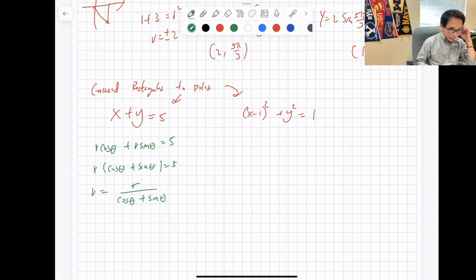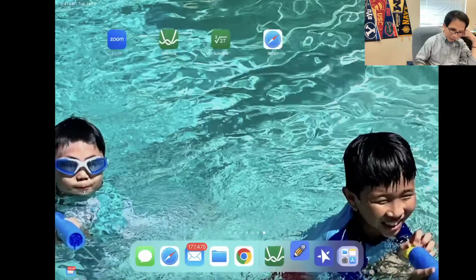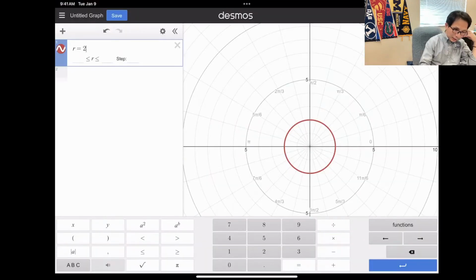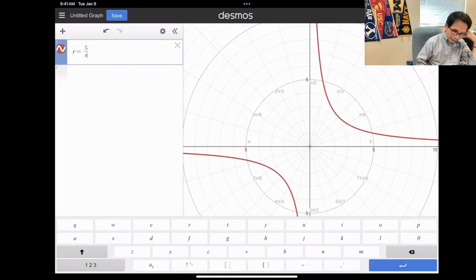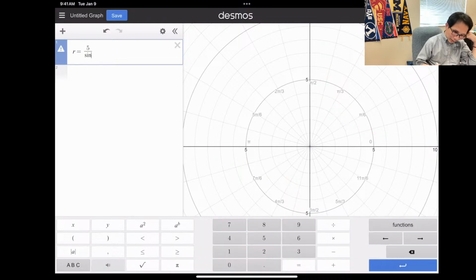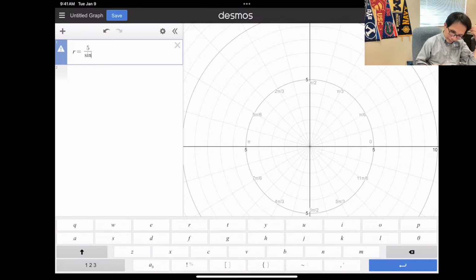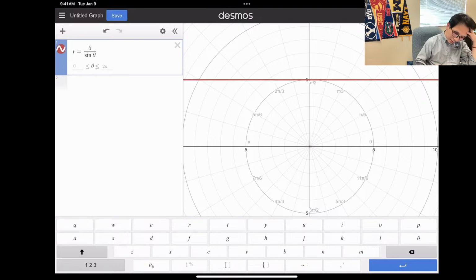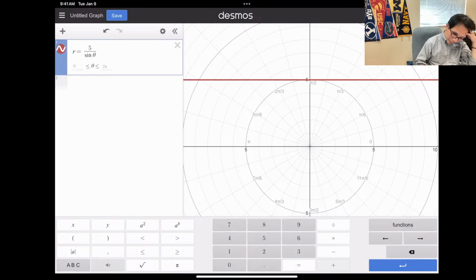So this is actually a straight line. If you type in a polar equation, this is gonna be y equal to negative x plus 5. So try it. I can say r equal to 5 over sine theta plus cosine theta, right?